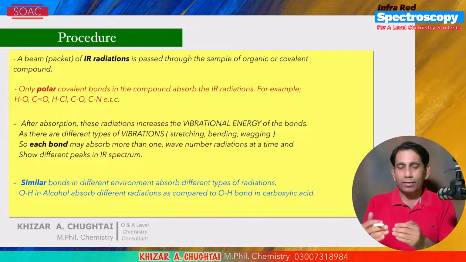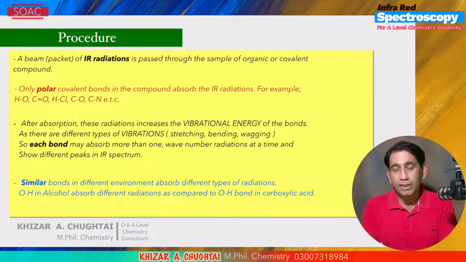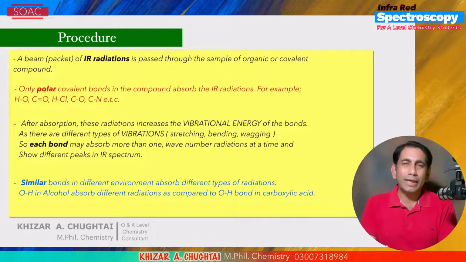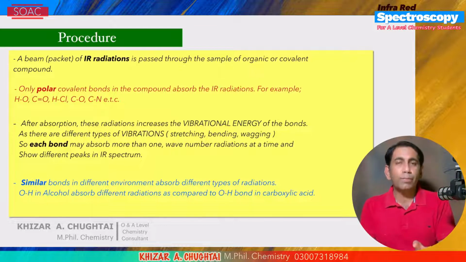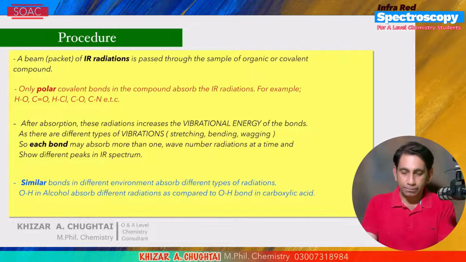In this way, the wave number of the radiation absorbed by a specific bond is a characteristic property of that bond. The OH group of a carboxylic acid will absorb a different wave number of IR radiation from the OH group of an alcohol.